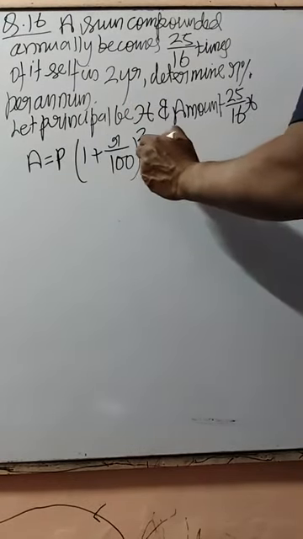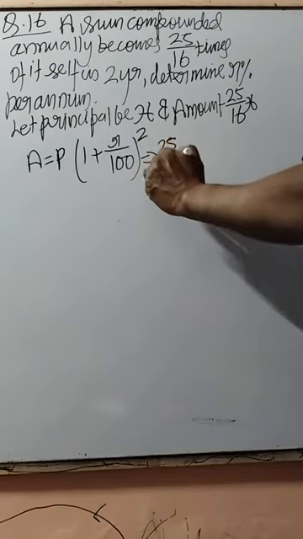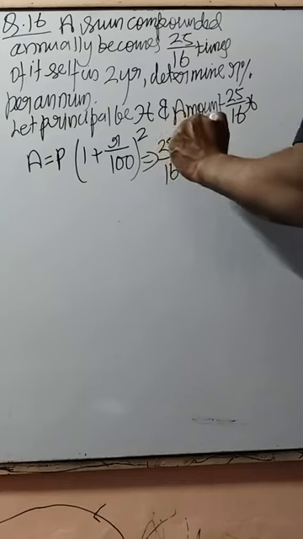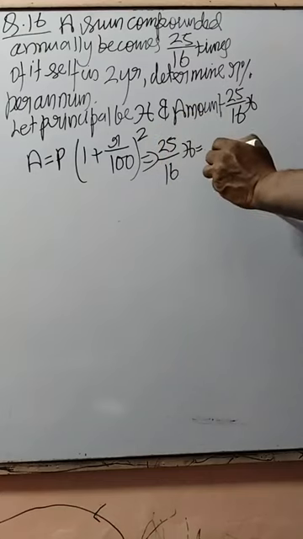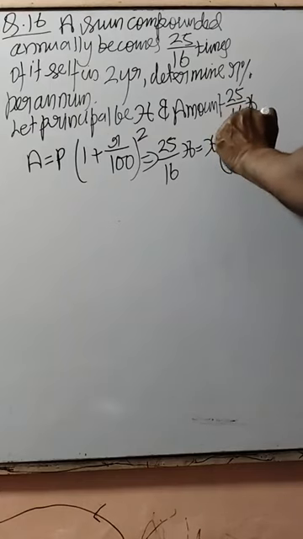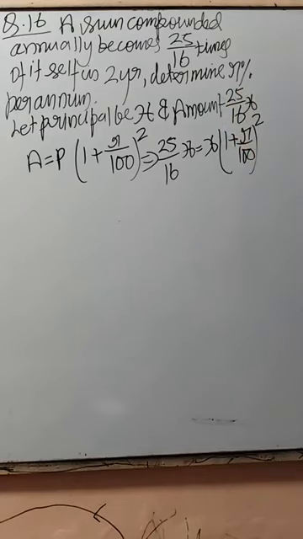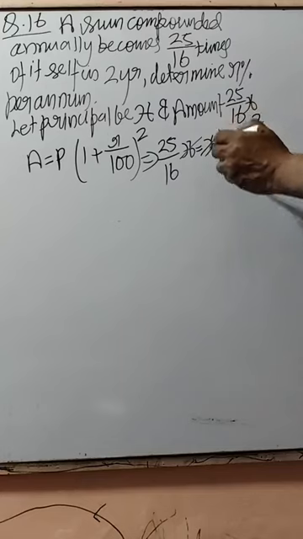So what you can write here, 25 upon 16x is equal to x bracket 1 plus R upon 100 raised to the power 2. So this x and x cancel out.